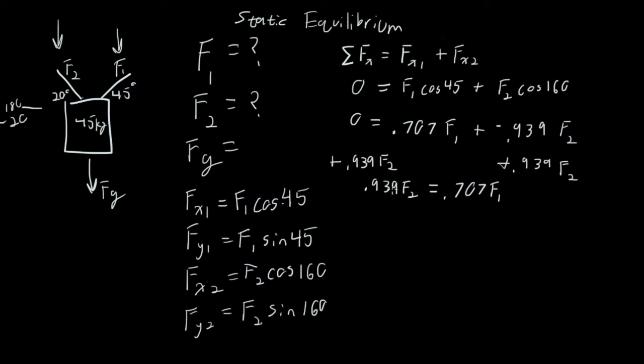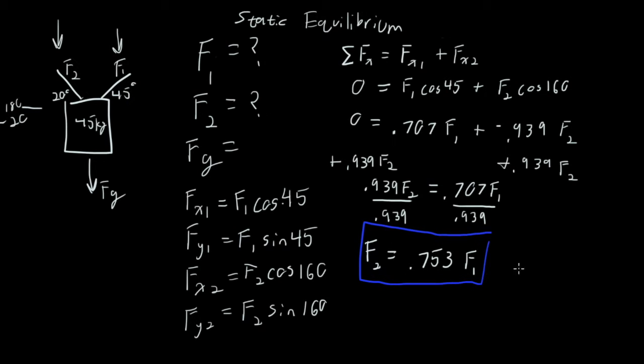And then let's get F2 on its own by dividing both sides by 0.939. When I do that, I find that F2 is going to be equal to 0.753 of whatever F1 is. This is going to be very important for later.